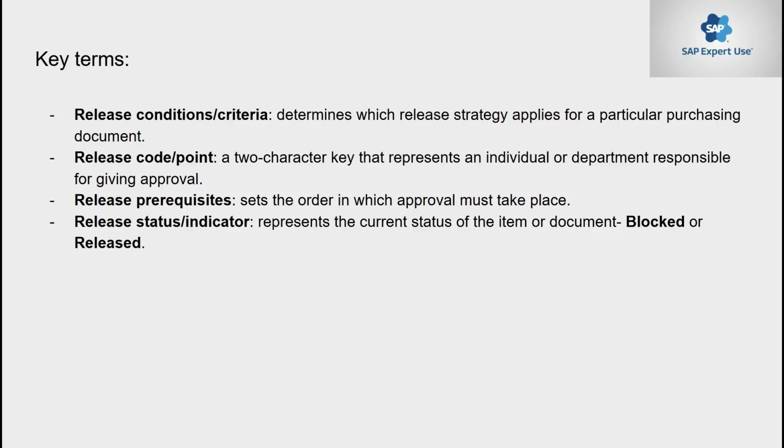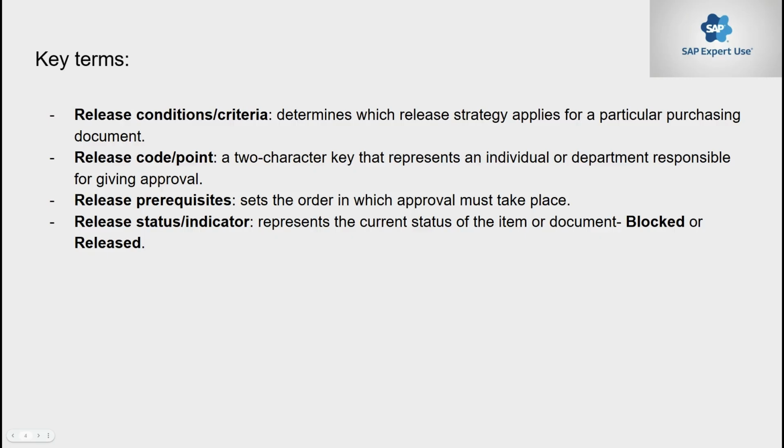For example, if the value of a requisition item is 100 USD, a certain strategy may be required. If the value of the item is 10,000 US dollars, let's say a different strategy may be required. If purchasing documents fulfill release conditions, they must be approved before they can be processed further.